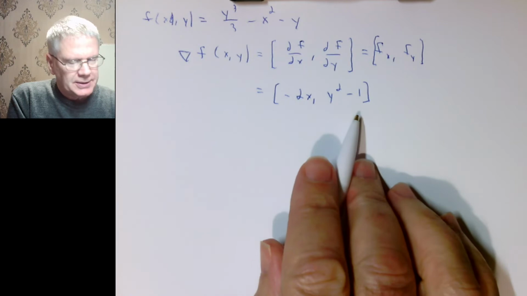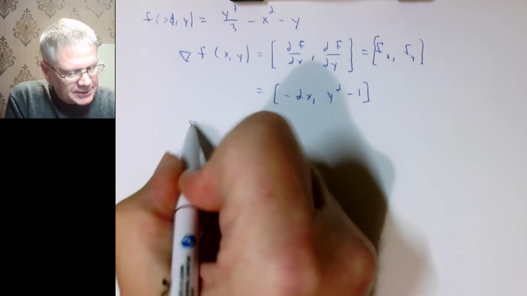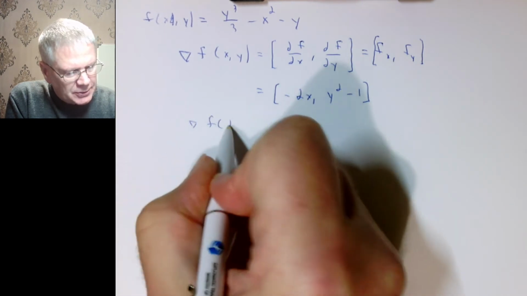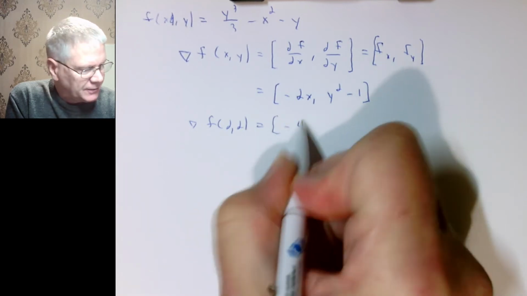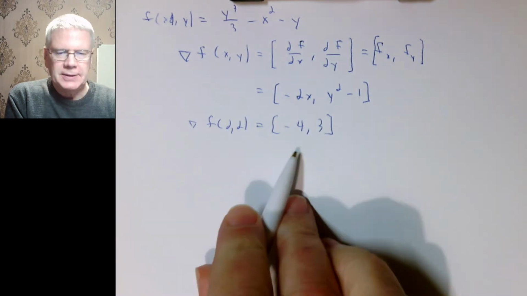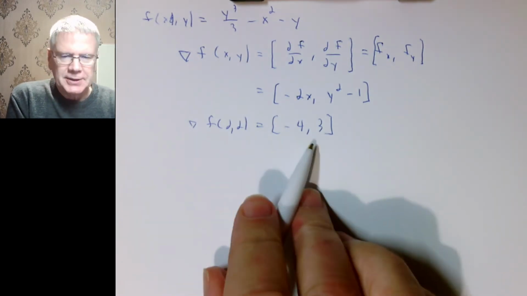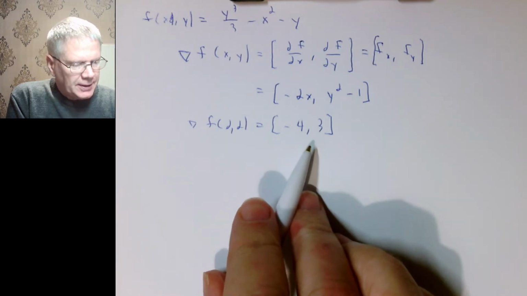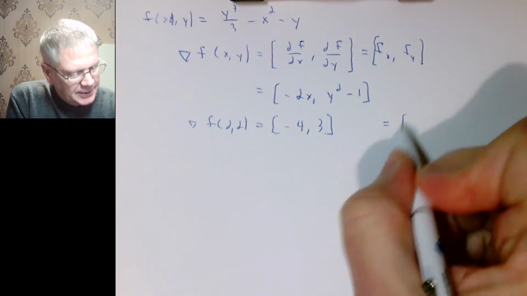What this tells us is the direction and magnitude of the maximum change. So for instance, if I'm at some point 2 and 2, I can put those values in and I get minus 4 and 3. And that's a vector telling me the rate of change and the direction of change, of the maximum change.